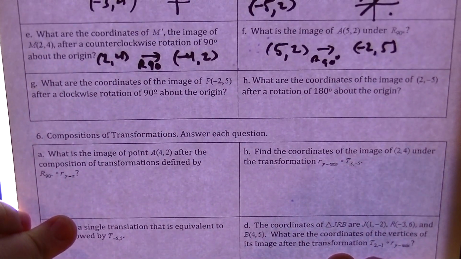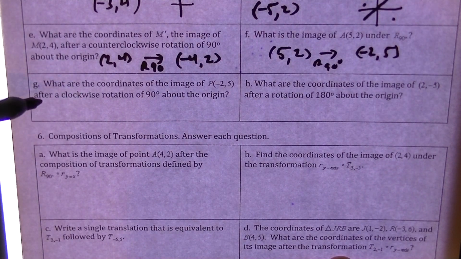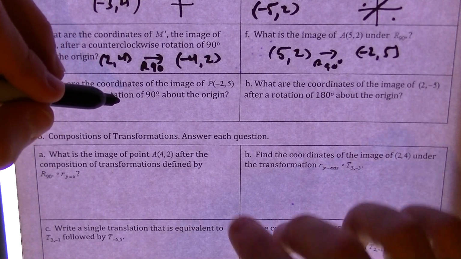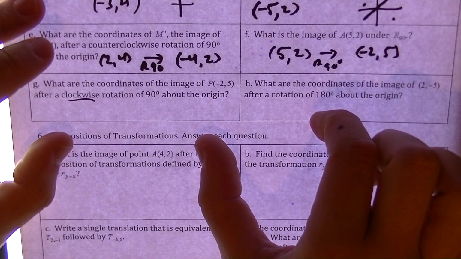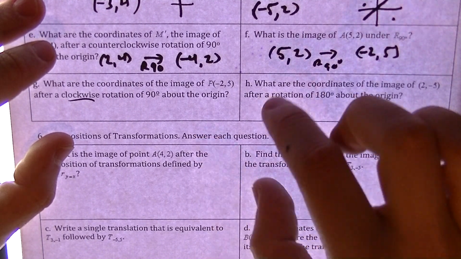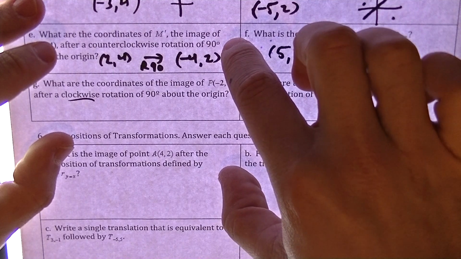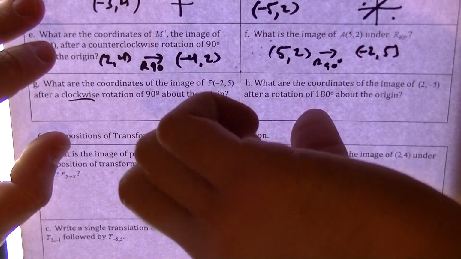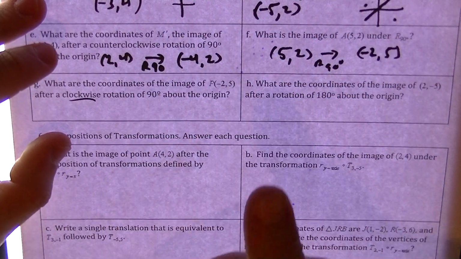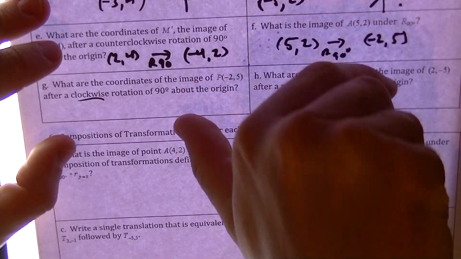What are the coordinates of the image of (-5, 2) after a clockwise rotation of 90 degrees about the origin? Well, a clockwise rotation of 90 degrees is the same thing as going counterclockwise 90, 180, and 270.